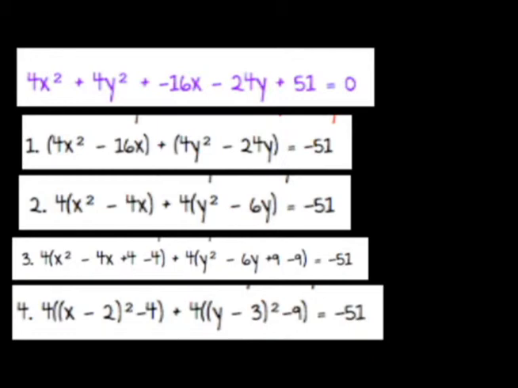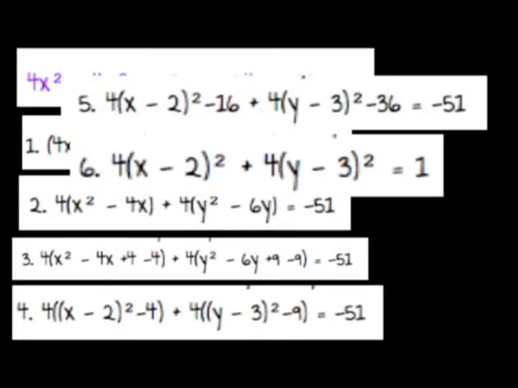Negative 4 times 4 is negative 16, and negative 9 times 4 is negative 36. Adding negative 36 and negative 16 gives us negative 52. We move negative 52 to the other side, which is 52 minus 51, equal to 1.